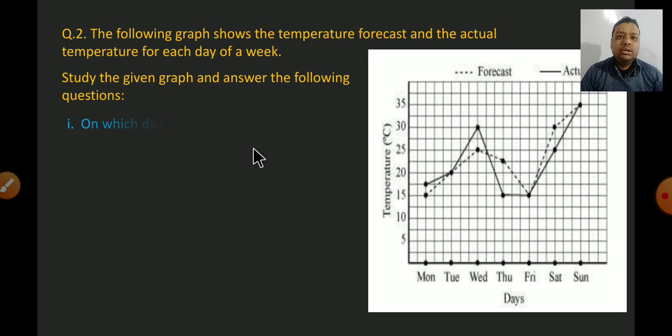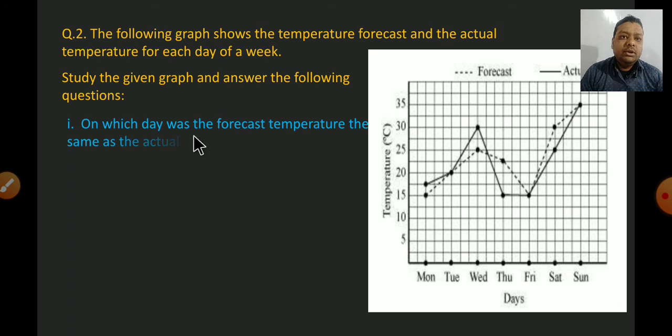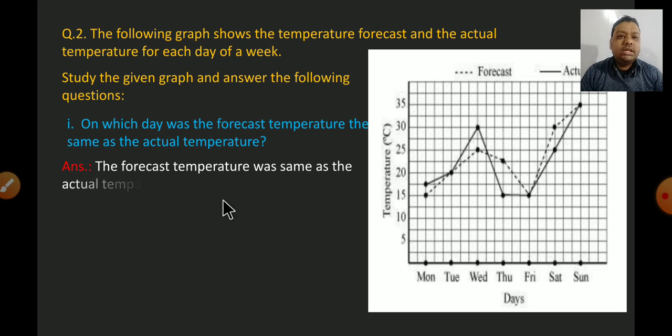The question is, on which day was the forecast temperature the same as the actual temperature? When both are the same, both points are on the same place. You can see on Tuesday, on Friday, and at last on Sunday.